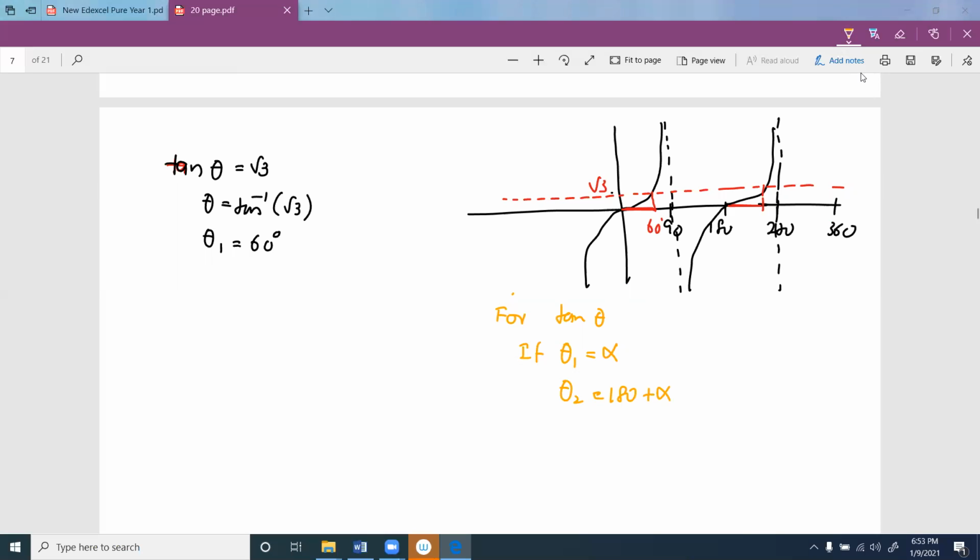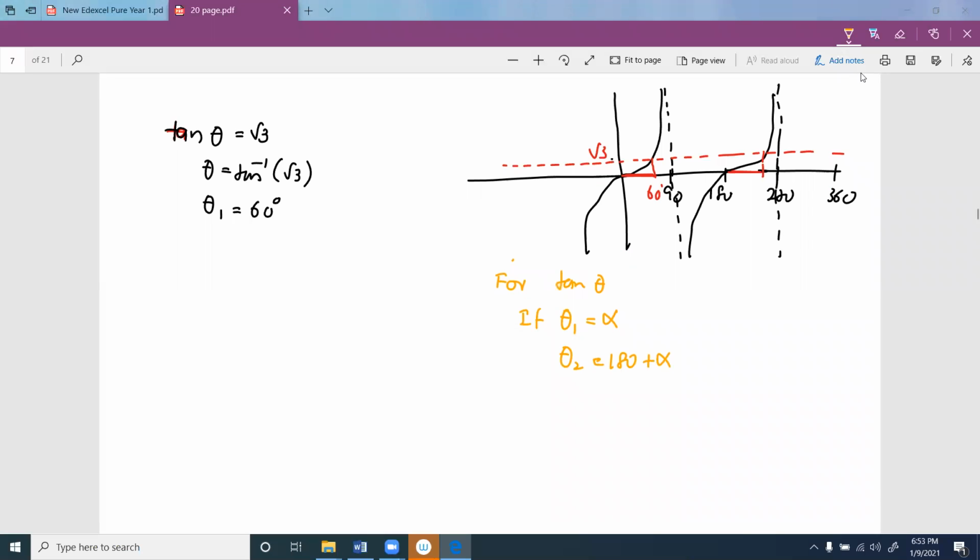That's the relationship. After that, the rule is common. Theta 3 is equal to 360 into n plus theta 1. Theta 4 is 360 into n plus theta 2. Then n goes from 1, 2, 3 and so on, and minus 1, minus 2, minus 3 and so on. So these are the two basic angles.